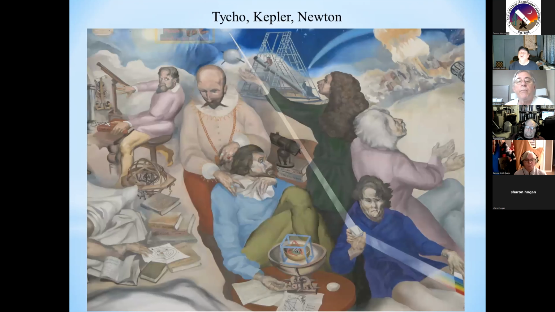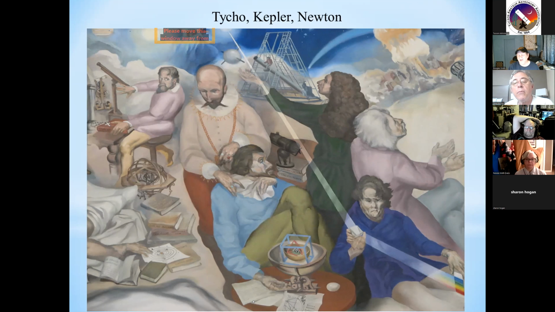And then you move to a different part of Europe where the church isn't so powerful, and you have these people. You have Johannes Kepler right here. And he was the one who deduced the orbits of the planets as being ellipses and came up with Kepler's laws of planetary motion.